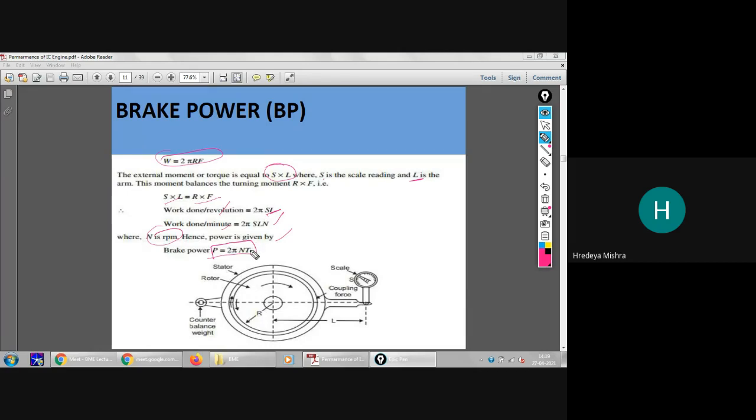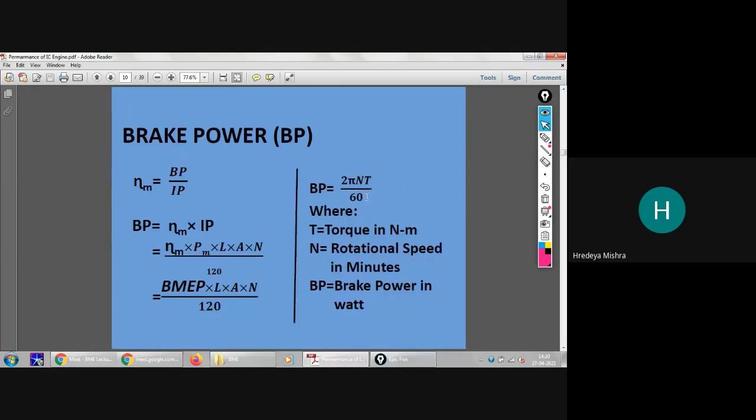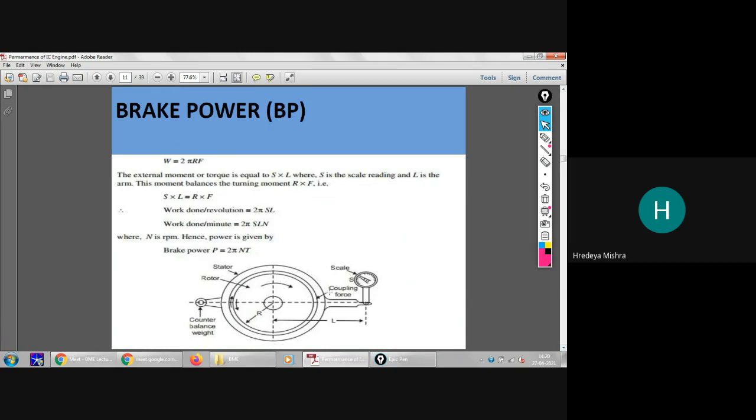Because this is in minutes, so we convert it to seconds, revolutions per second. So we just divide by 60, like in the previous slide. What happened in the previous slide? See, what is the formula? Divided by 60. So that's why 60 comes.